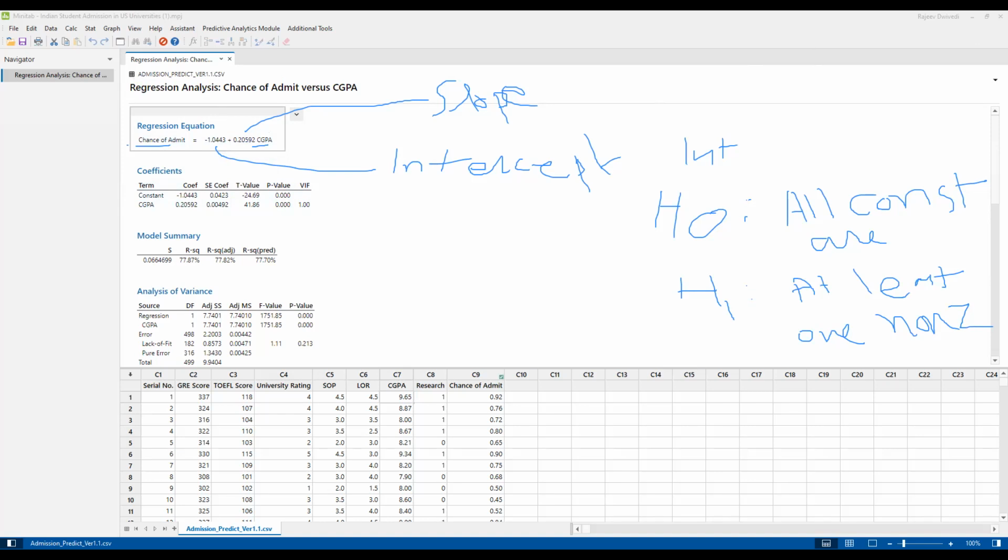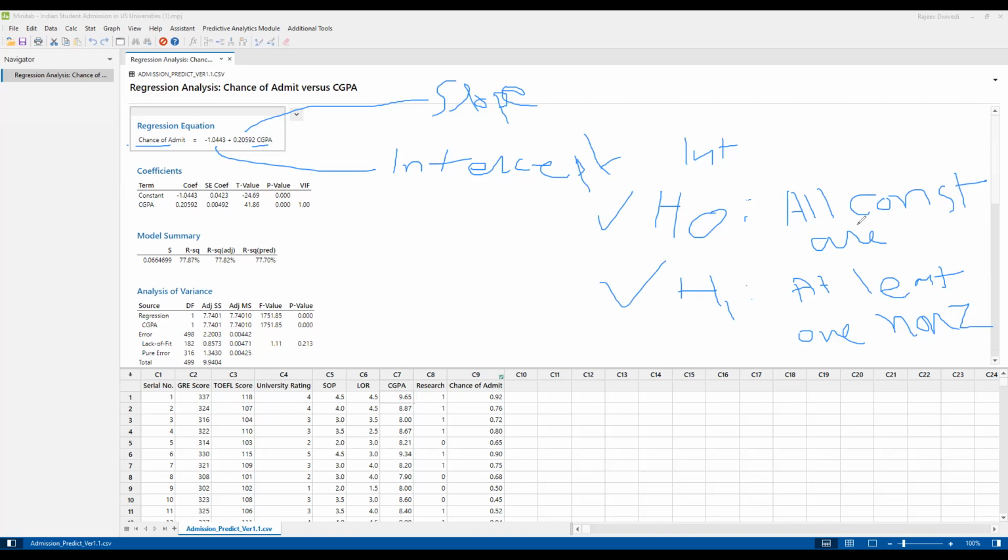Any answer? It would show statistical significance because it's 0.000, which would be less than alpha. The alternative hypothesis, I think.